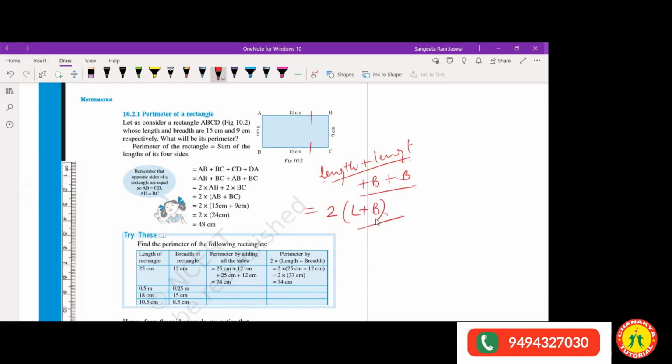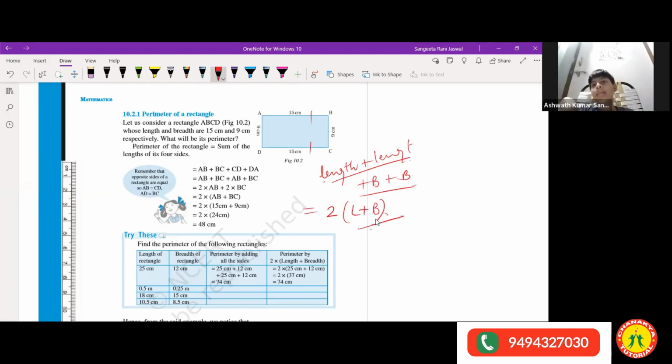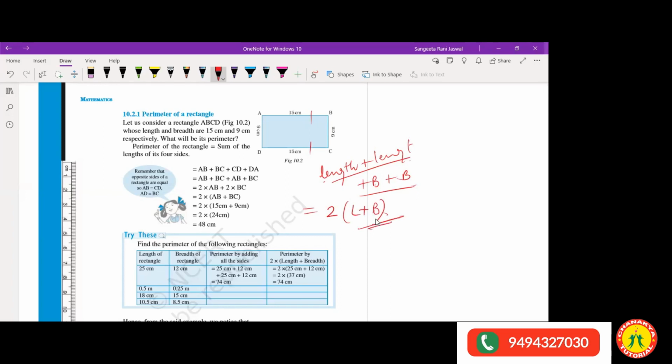This is not any special formula. This is just the sum of all sides.